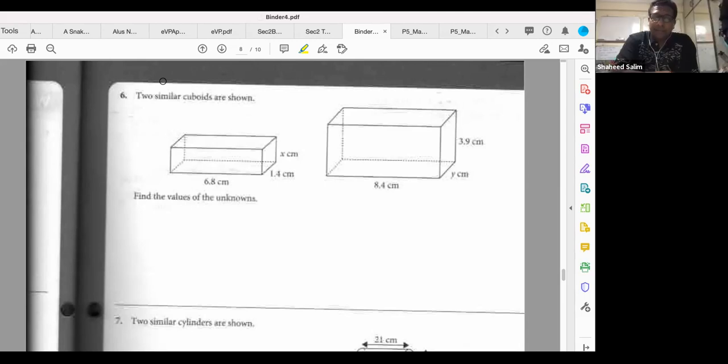So if you find a never-ending ratio number, you may want to leave it as a fraction so that it doesn't convert to the nearest whatever, to ensure accuracy.